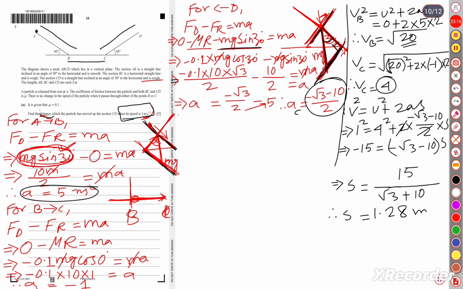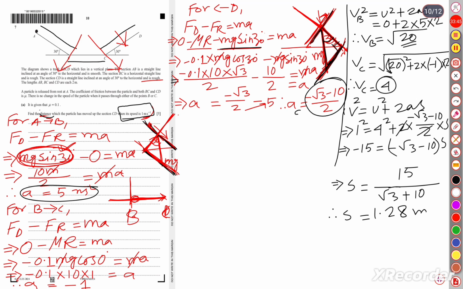So for obtaining acceleration, what have we done? We have applied the concept of Newton's law of motion, and in all cases it was the same. First we got the acceleration at different points: acceleration at B, acceleration at C, and acceleration at somewhere here when speed was 1 meter per second. After finding acceleration, we found the velocity.